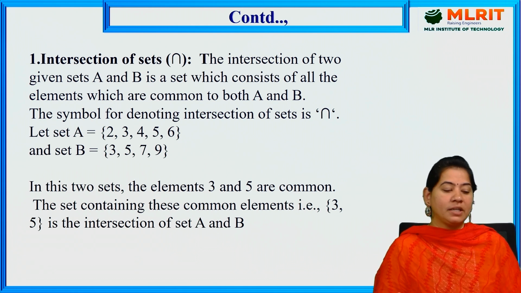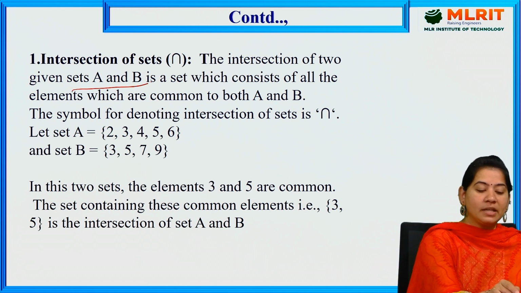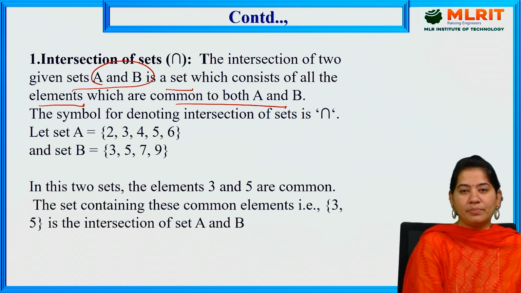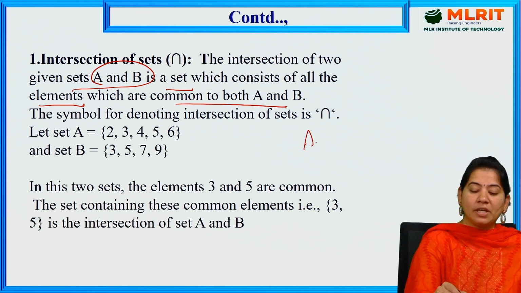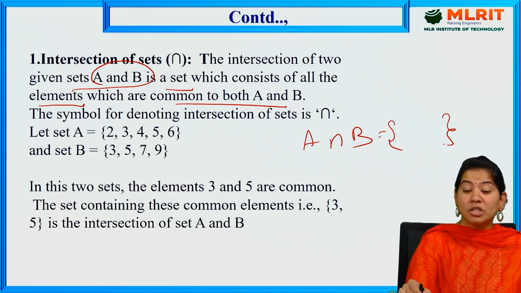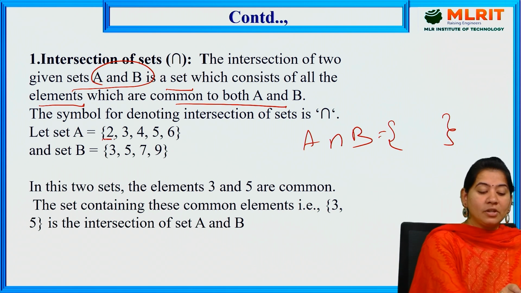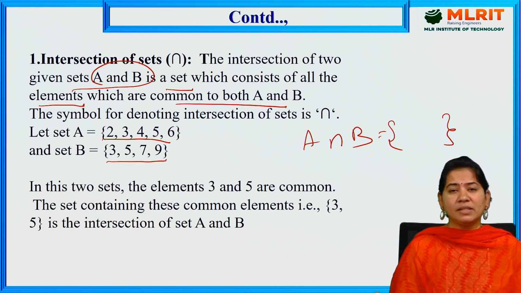The first one is intersection of sets. The intersection of two given sets A and B is a set which consists of all the elements which are common to both A and B. For example, let set A equal 2, 3, 4, 5, 6 and set B equal 3, 5, 7, 9.